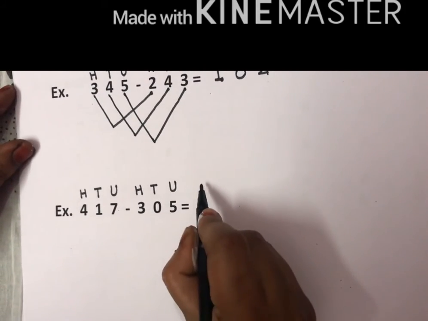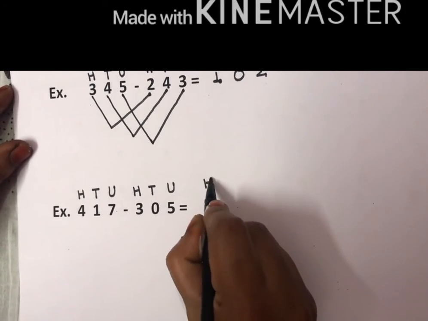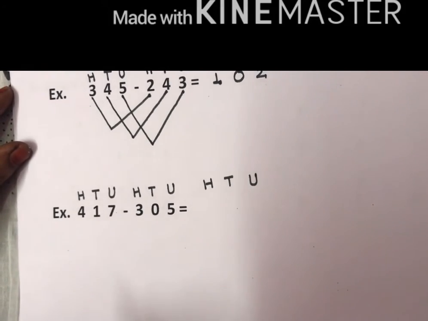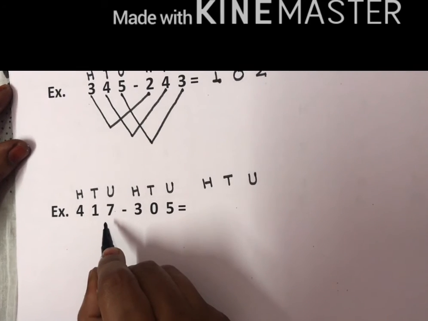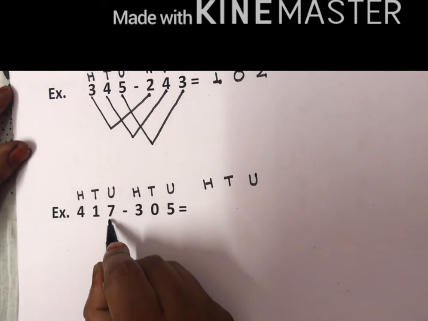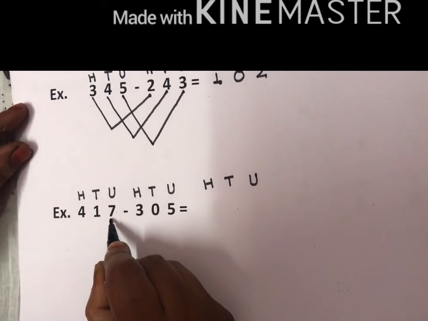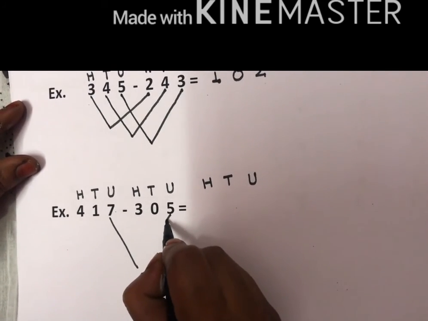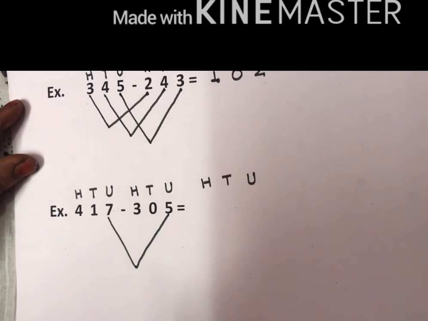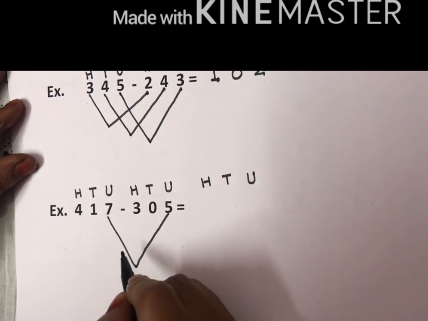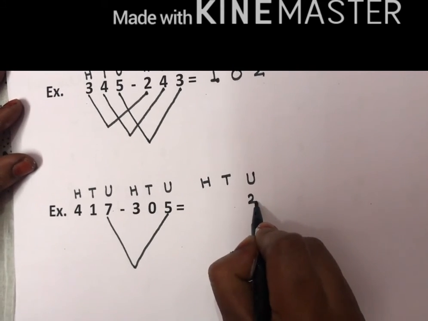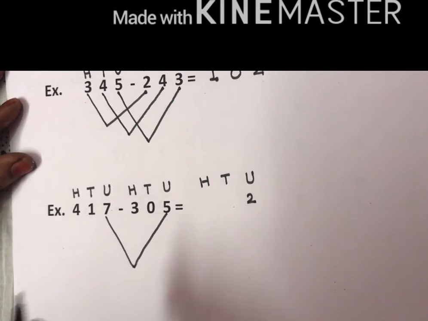Then for the answer we write place values: hundred place, tens place and unit place. So we will start with unit place. We draw the line for the unit place. This 7 minus 5. What will come as the answer? 2. So we write the answer at unit place because we did the subtraction for unit place.